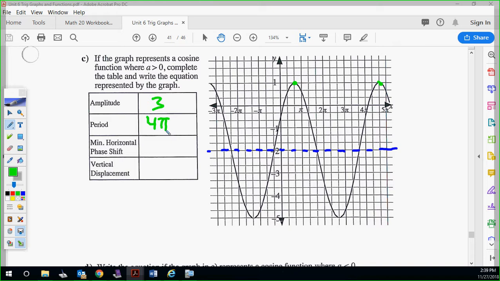Okay, again, you can look at that like Stella and Jake last time. This one's 2 over 4 pi. So you can see that that's 4 pi distance. The horizontal phase shift is right 2 pi over 3, right, 2/3.